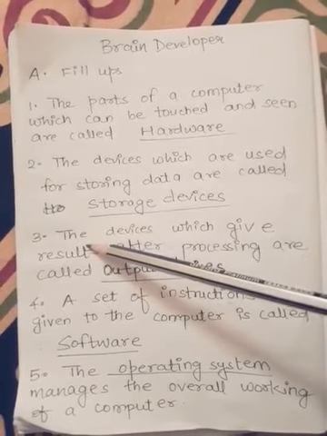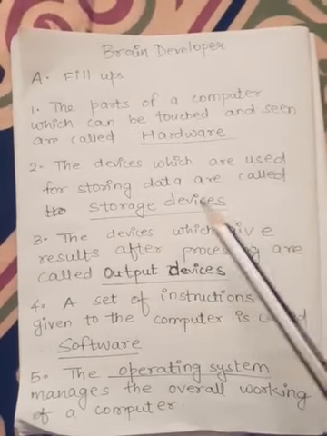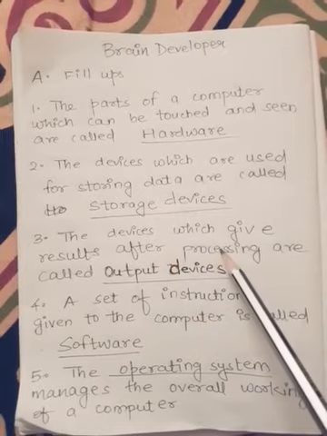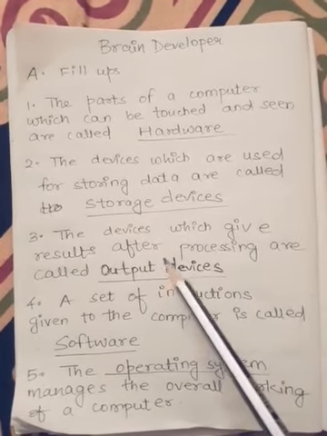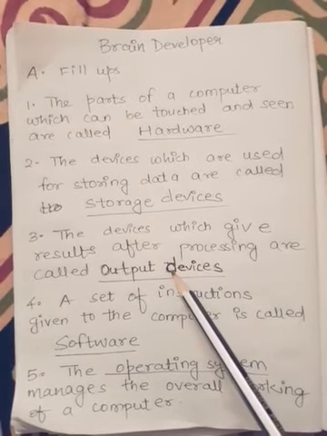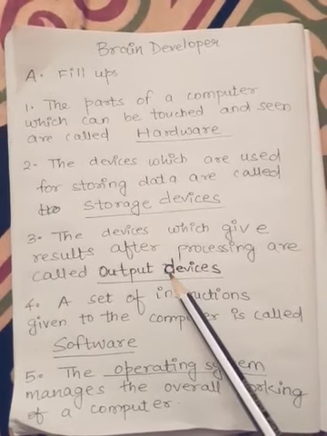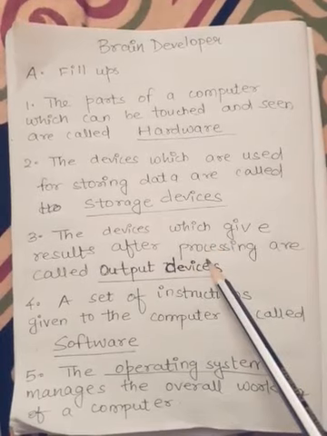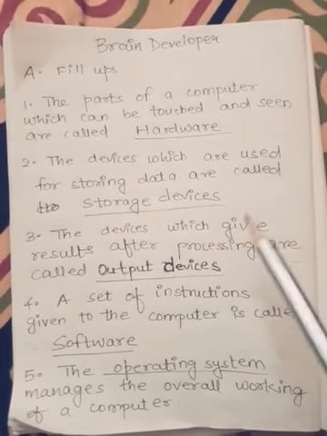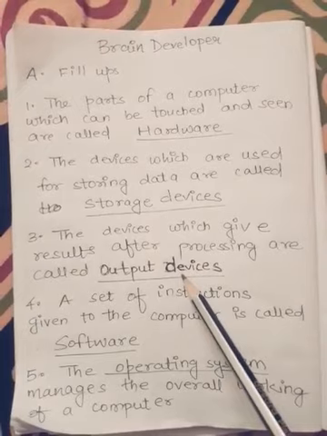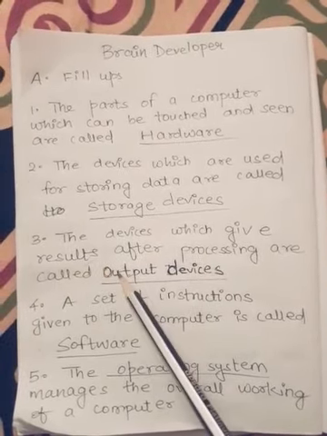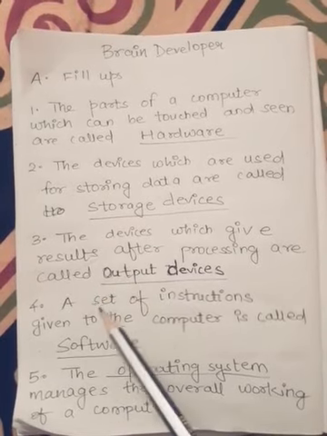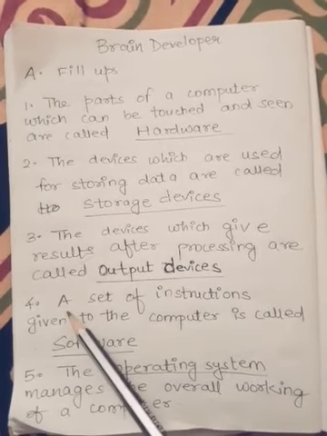Now come to point number 3. The devices which give result after processing are called output devices. So, students, we generally give the input to the computer system, right? After processing the given input, there are some devices which display the result, and these are called the output devices. Now come to point number 4.